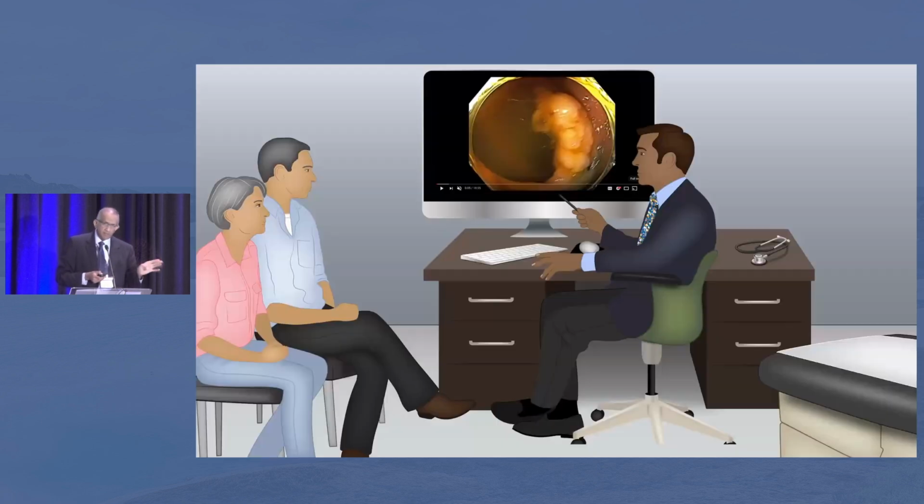I always see the patient and talk to the patient. It's important to share with the patient not only the complications, but with EMR, unlike ESD, there is a need for follow-up at 6 months and 18 months, depending upon the type of the lesion that we are going to resect. And if they miss that, they may get into trouble later on.